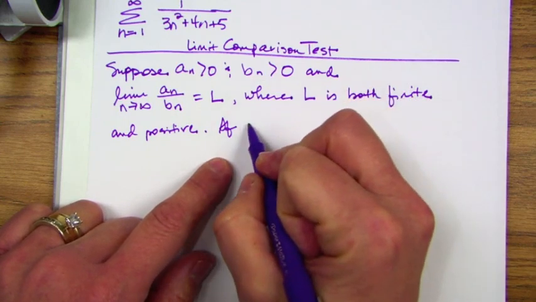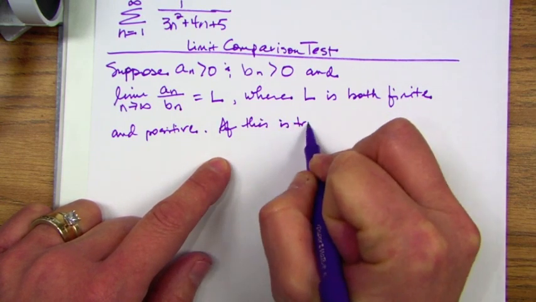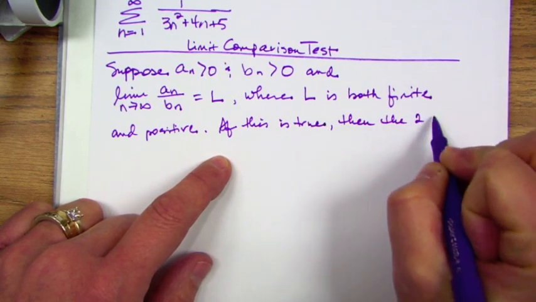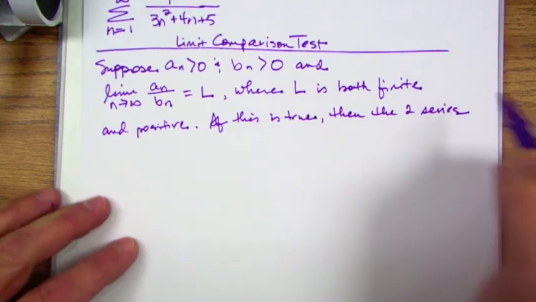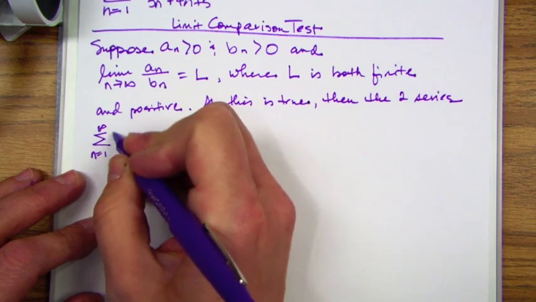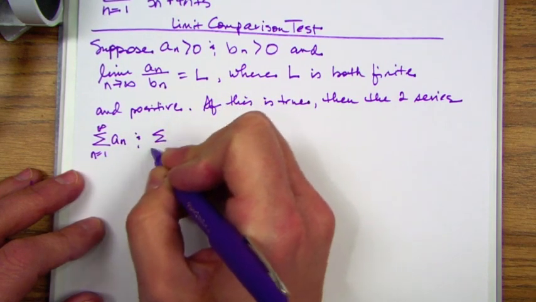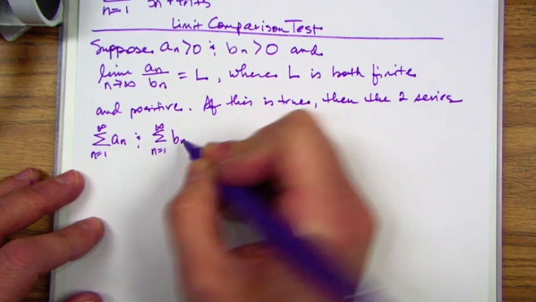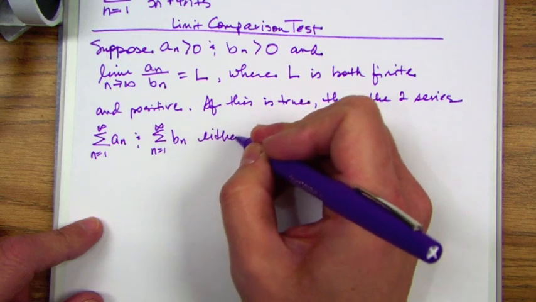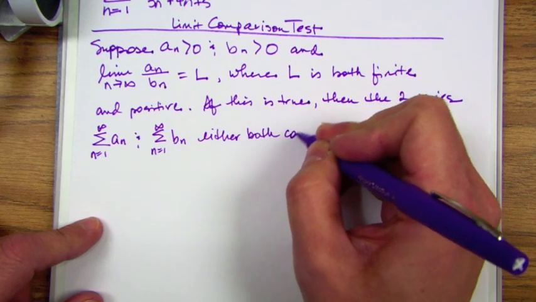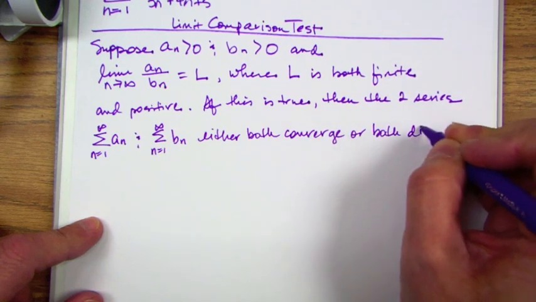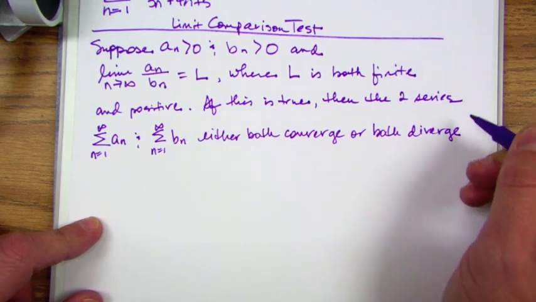If this is true, then the two series, 1 to infinity of a sub n and 1 to infinity of b sub n, either both converge or both diverge.